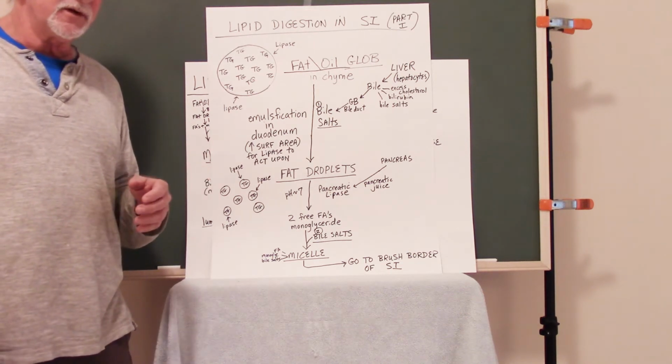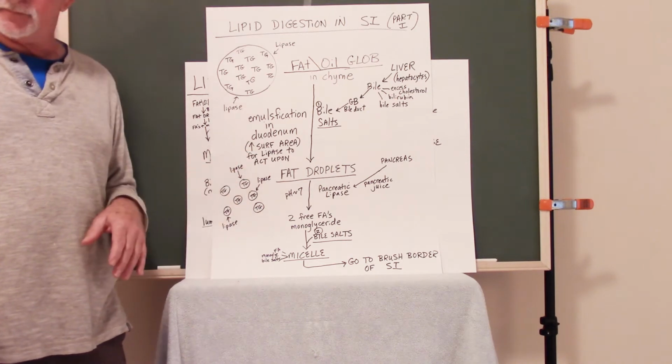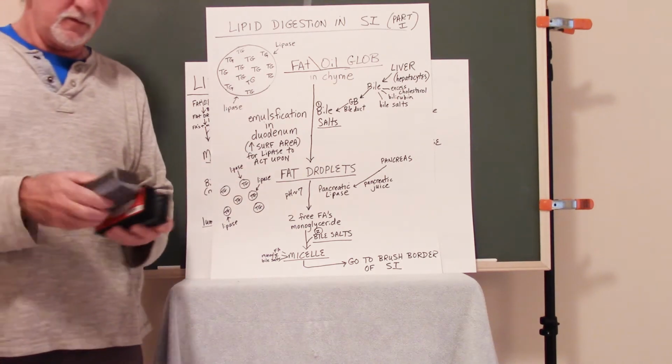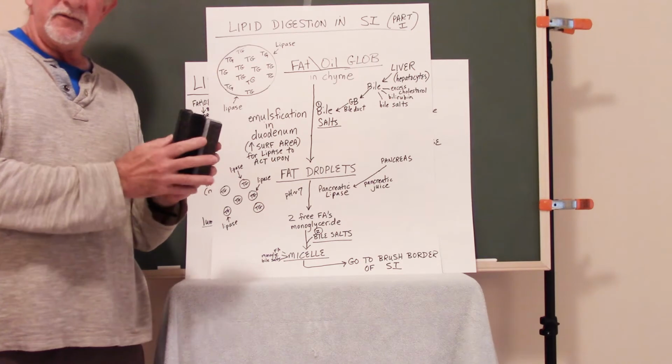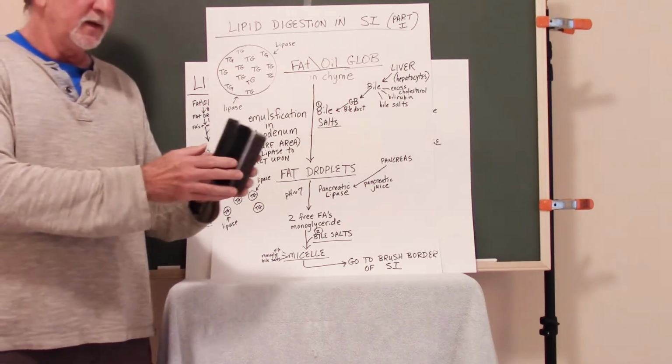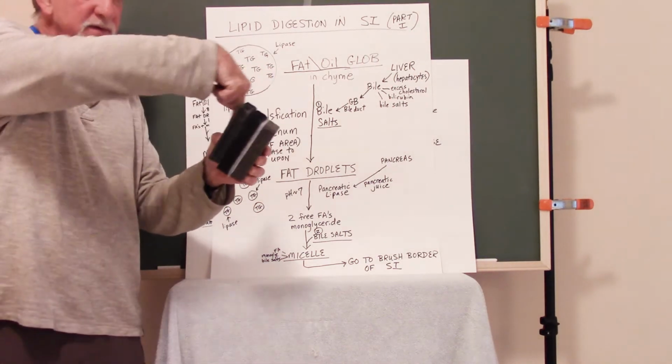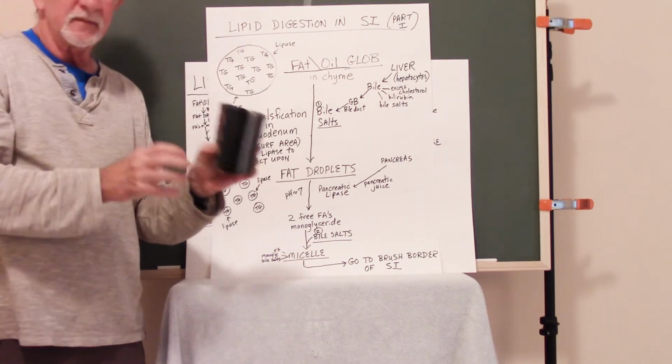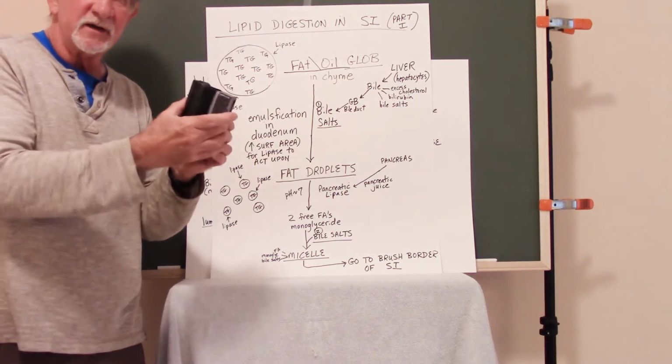So let me just show you a little bit about surface area. So I've got 3 erasers in my hand, and this represents the total surface area of the 3 erasers when they're stuck together.